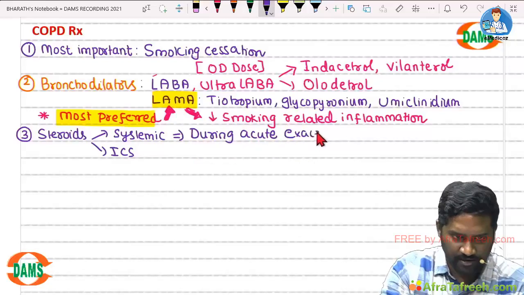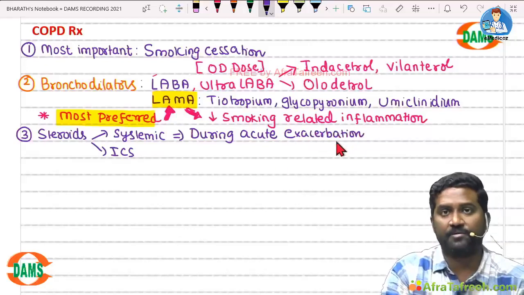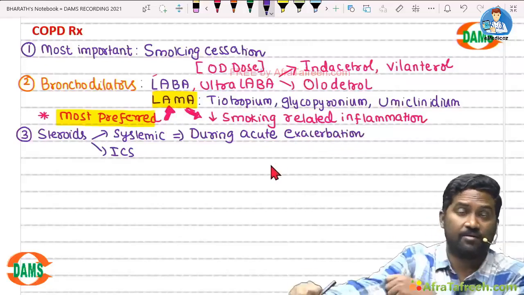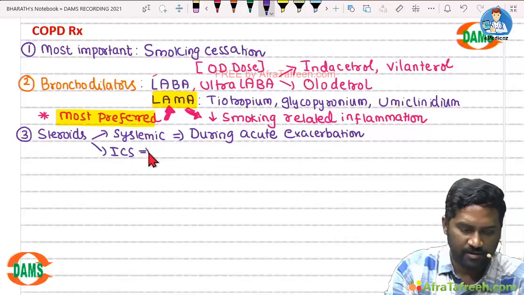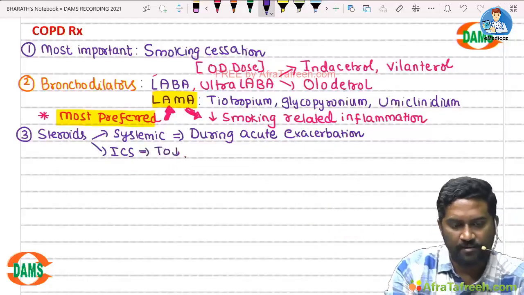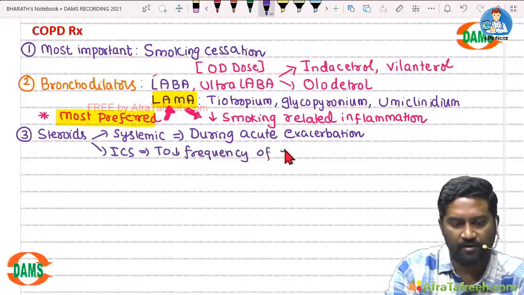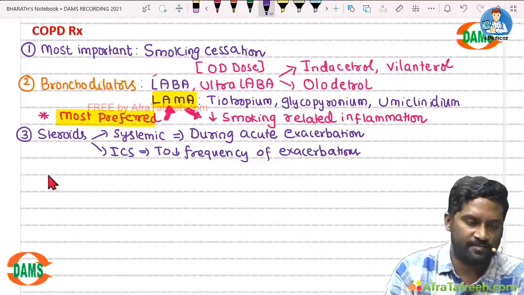But once a patient recovers from acute exacerbation, he can also develop another exacerbation. To decrease the frequency of further exacerbations, inhaled corticosteroids can be added.